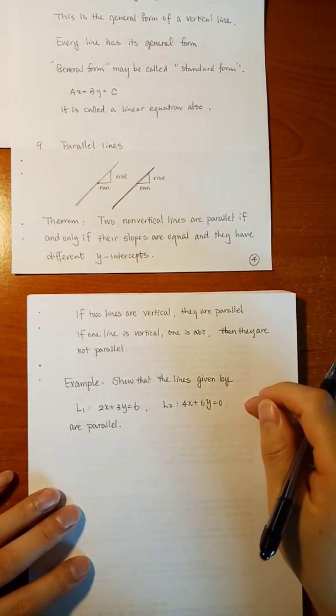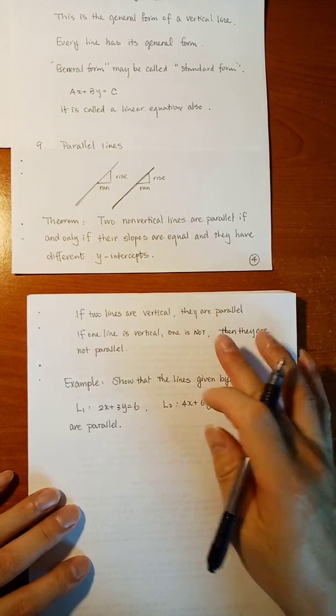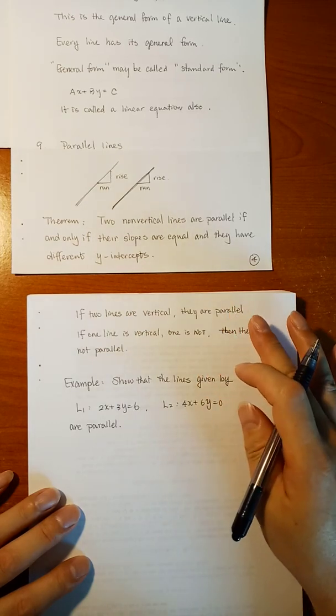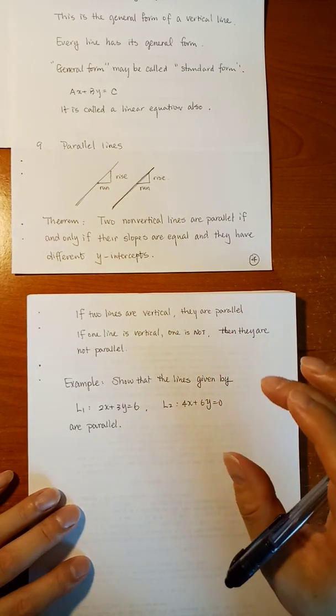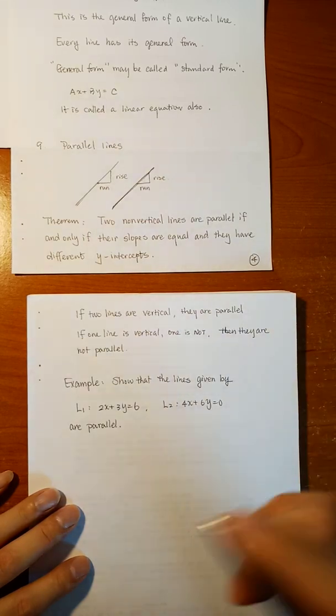Okay, so to show something is parallel, basically based on the theorem, we just need to confirm they have the same slope, different y-intercept.